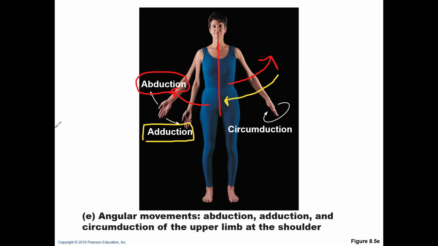And then, like I gave you an example of a pitcher winding up to throw a pitch, they're going to do a rotational movement around the shoulder joint. But to throw the ball, you're also going to have flexion extension of the arm. That's called circumduction. Okay, let me close this out so I can go to the next slide.